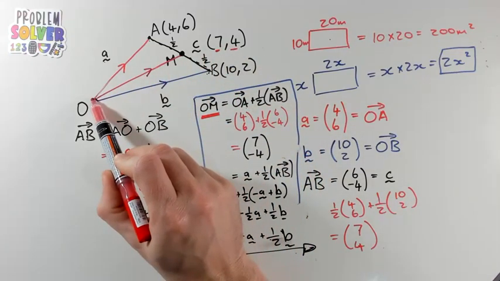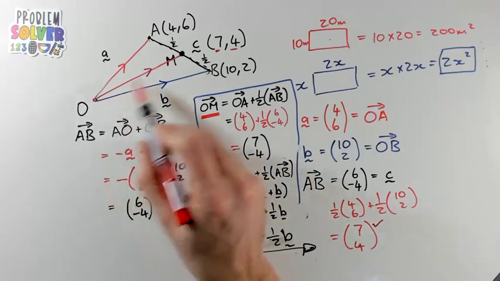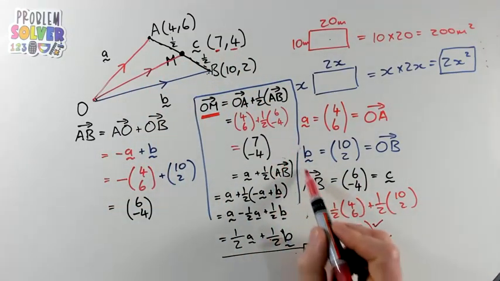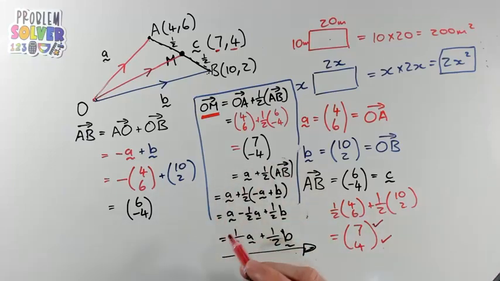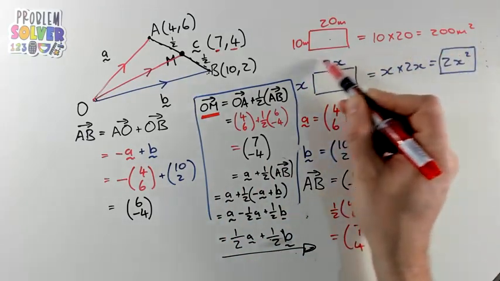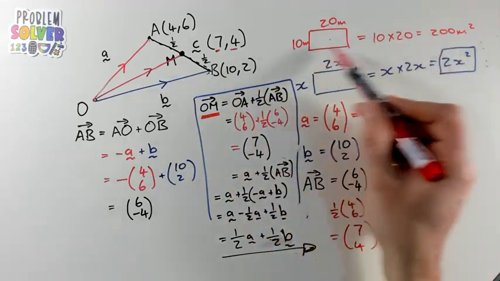So from 0, I had to move 7 forward, which is that 7, and I had to move 4 up, which is that 4. So all of this stuff is just algebraic substitutions to show what something will be like if I don't have actual values.